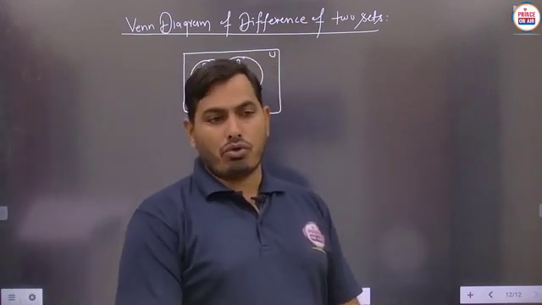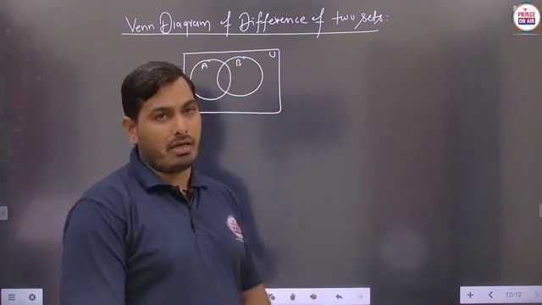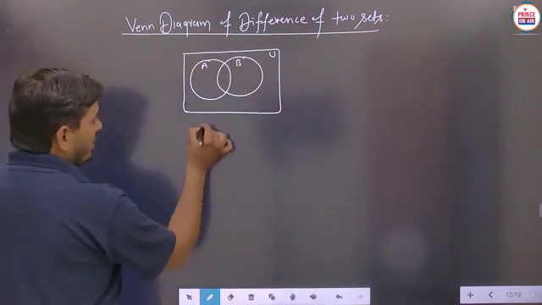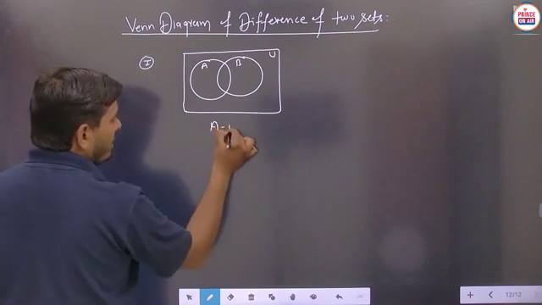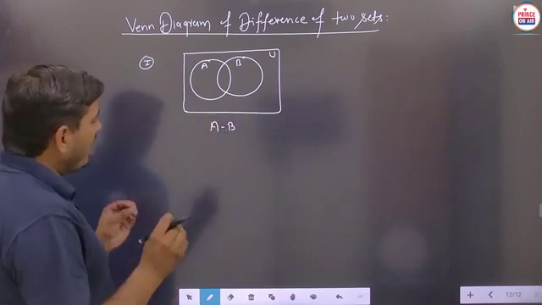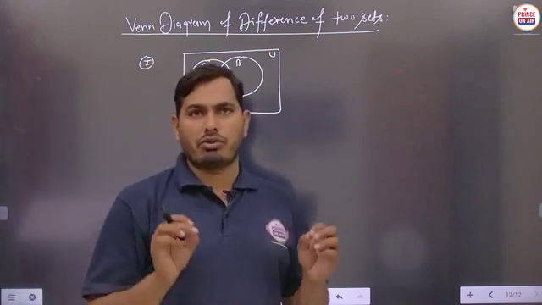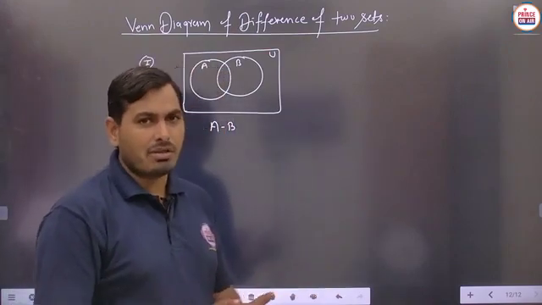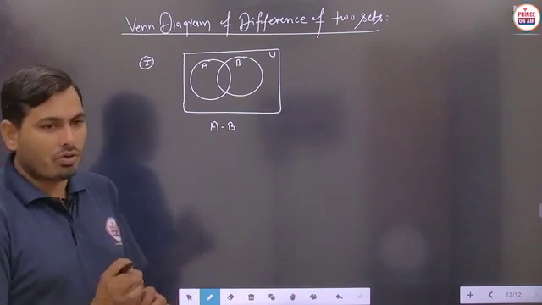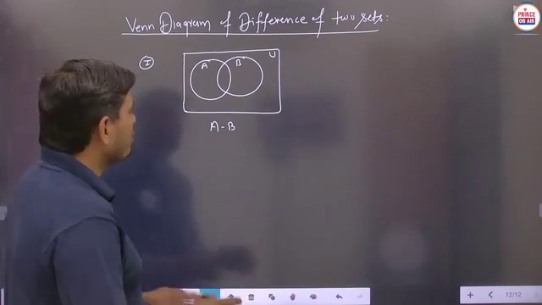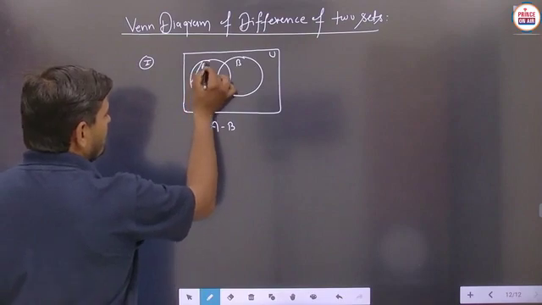Now we have to draw the Venn diagram first of all of A minus B. Then what should be the answer of A minus B? First of all we have to see this. A minus B means we have to consider the elements of A only, meaning no element of B will be considered. So we will shade this particular part.